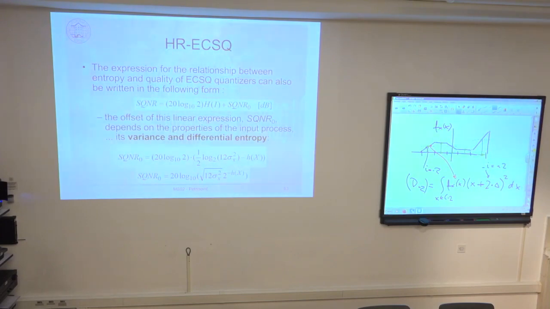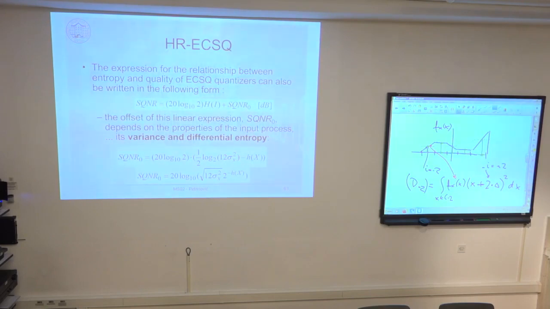So for a uniform process, this SQNR 0 is 0 decibels. So the curve goes to the origin of the distortion plane. But if the differential entropy for some other source like this one is not trivial, then you have to compute it.